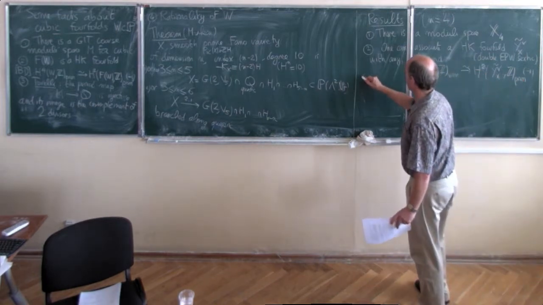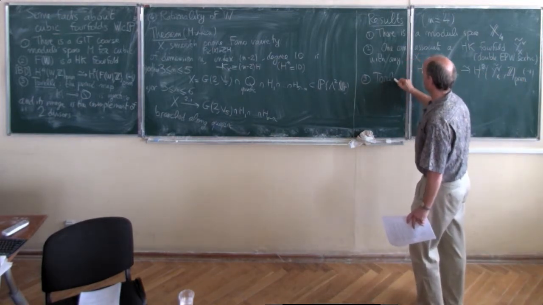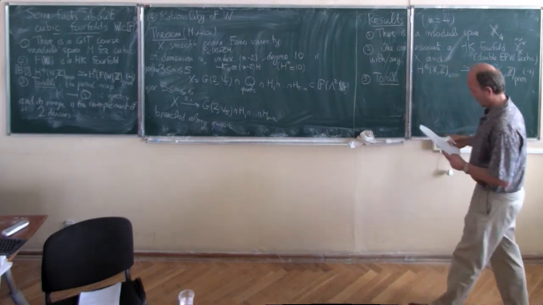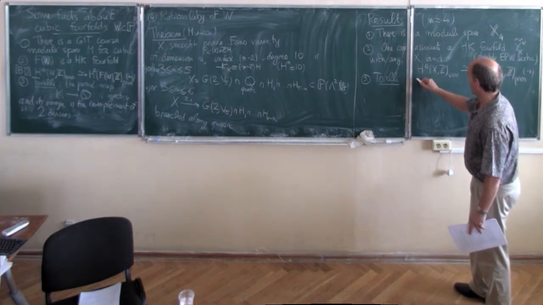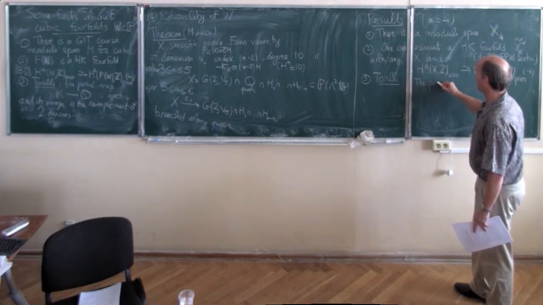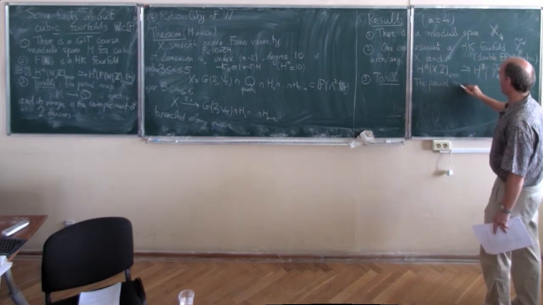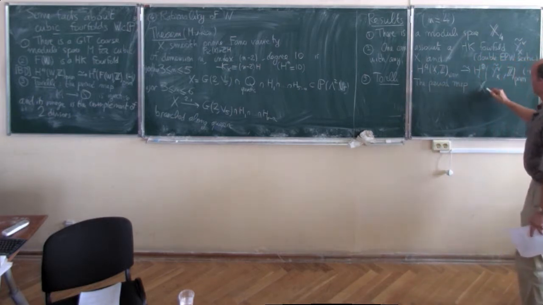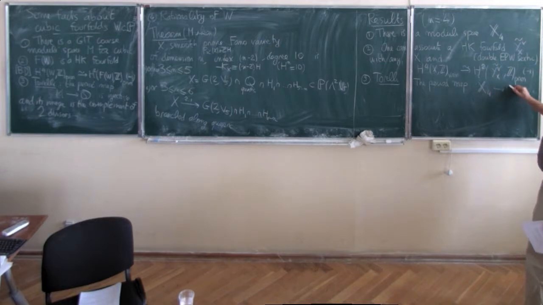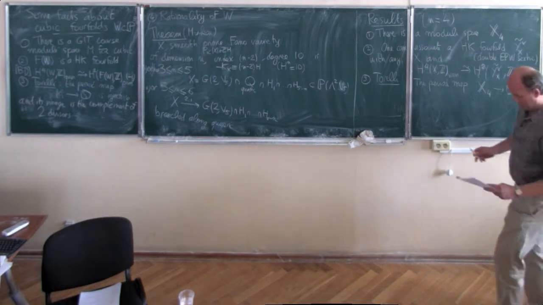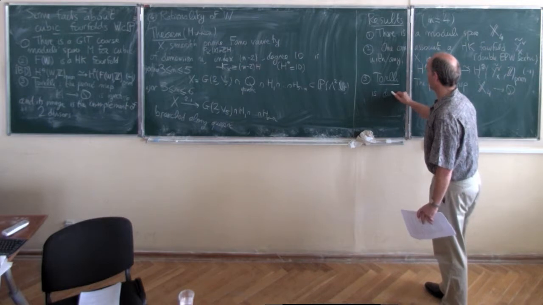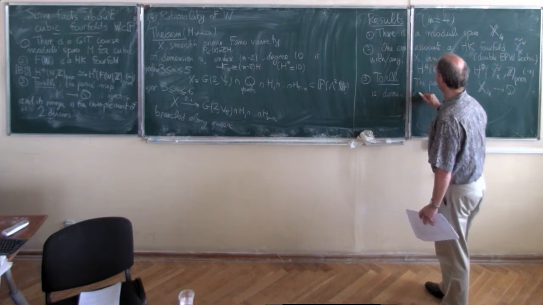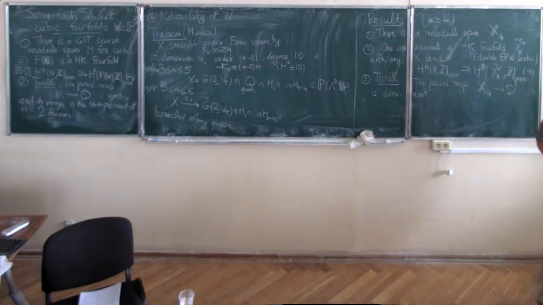So what about the Torelli problem? It turns out that the period map, which goes from X4, our moduli space, to some period domain, is dominant. But it's not injective.